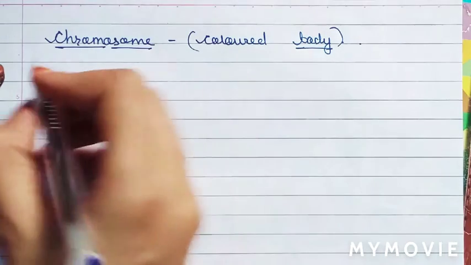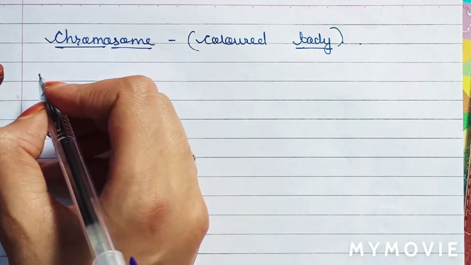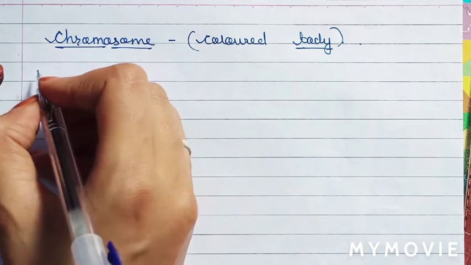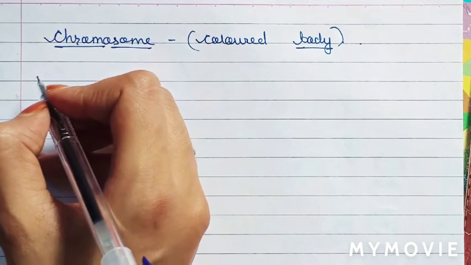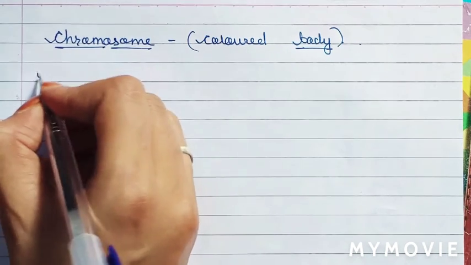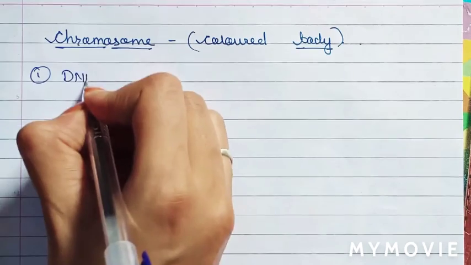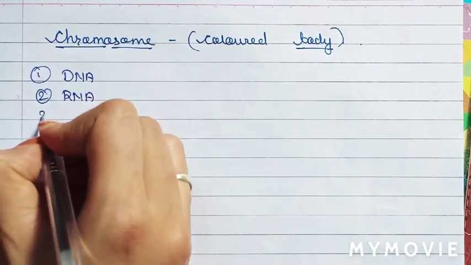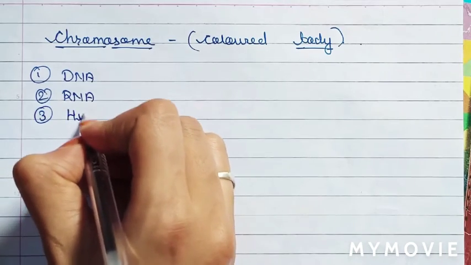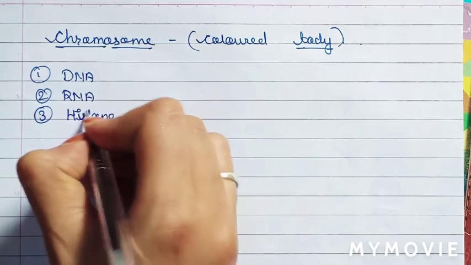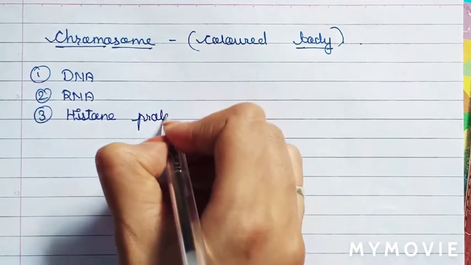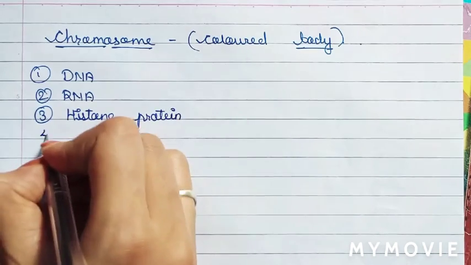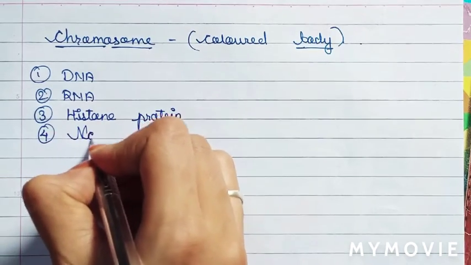Now the constituents of chromatin or chromosome: chromatin or chromosome is made up of DNA, RNA, histone proteins as well as non-histone proteins.